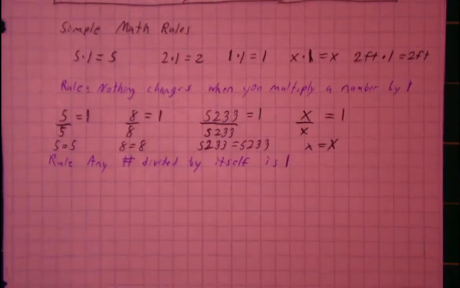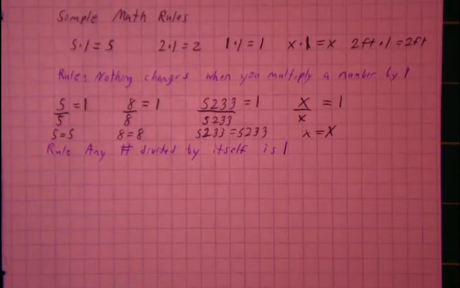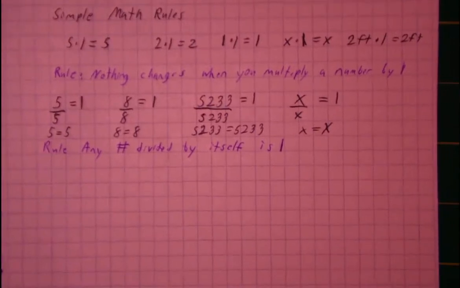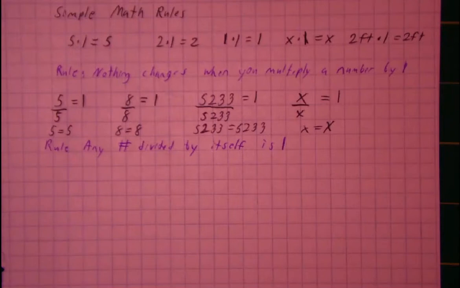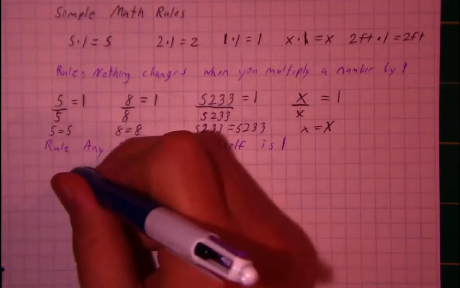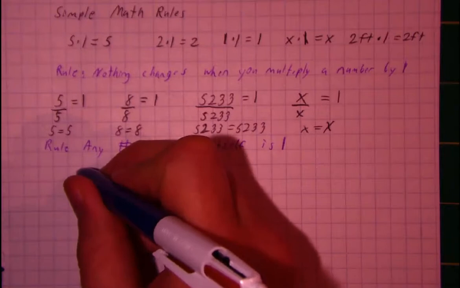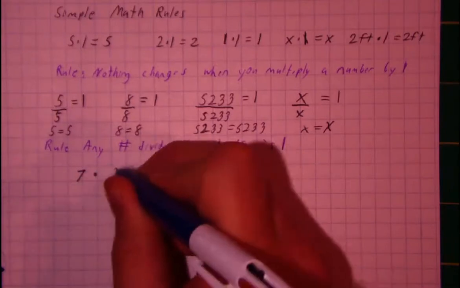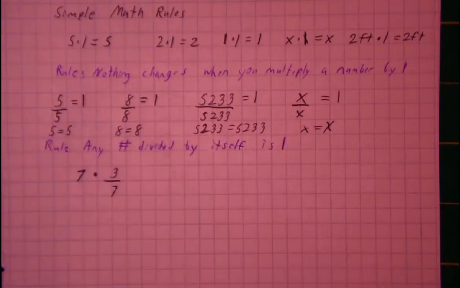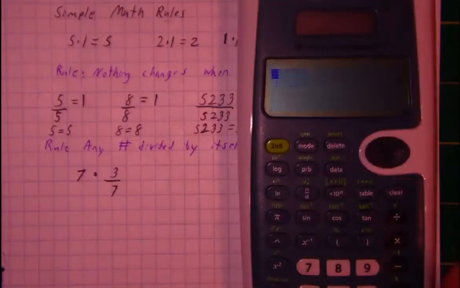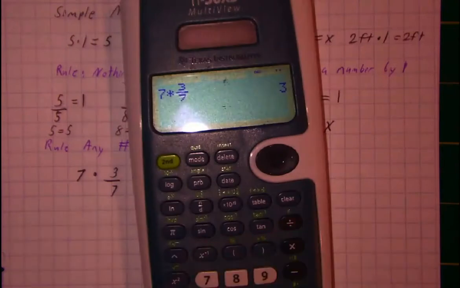It's pretty simple rules. The last one can be a little bit tricky at first, but it's nonetheless just as simple. If I were to say, okay, 7 times the fraction 3 over 7. Let's see what we get. 7 times 3 over 7, we get 3.